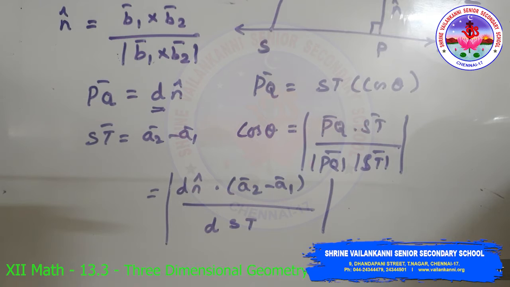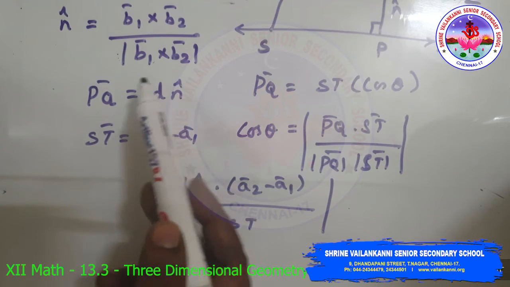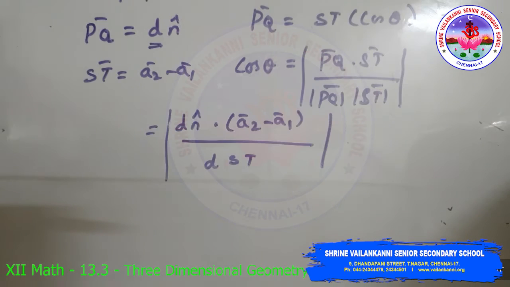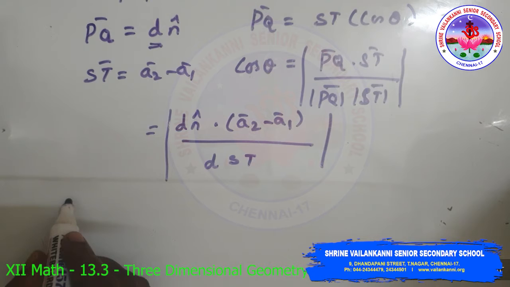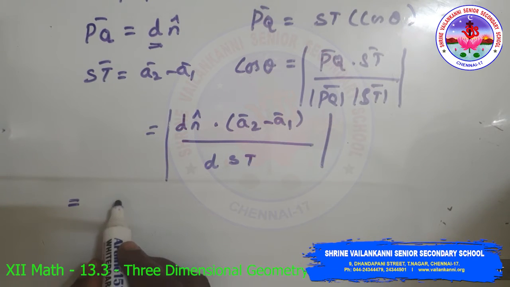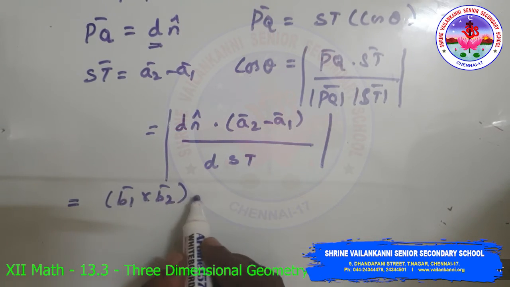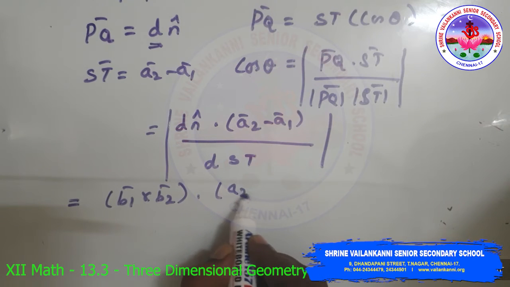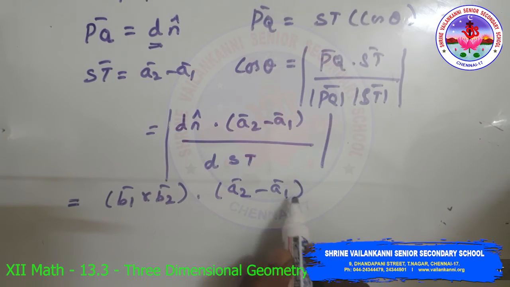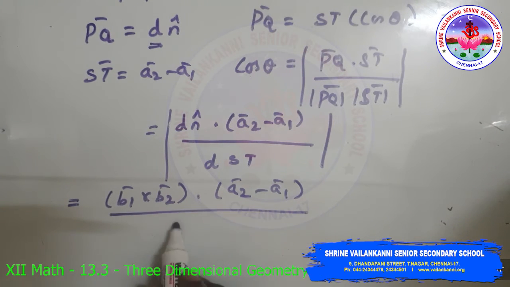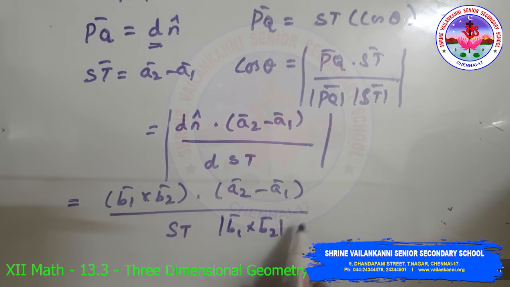n cap is b1 cross b2 by modulus of b1 cross b2. Substituting that, we get b1 cross b2 dot a2 minus a1 vector, the whole modulus, divided by ST into modulus of b1 cross b2.